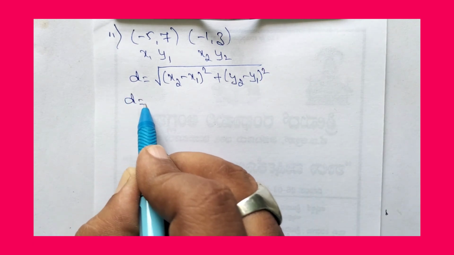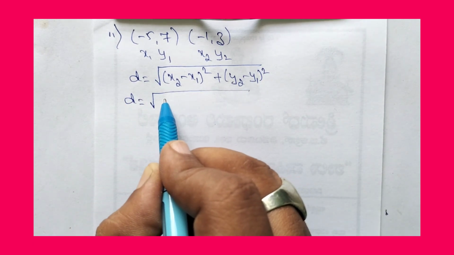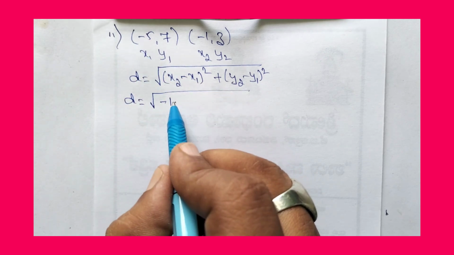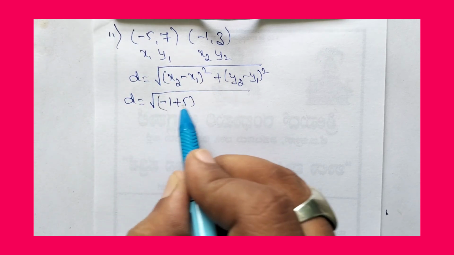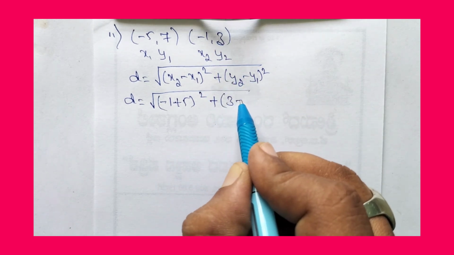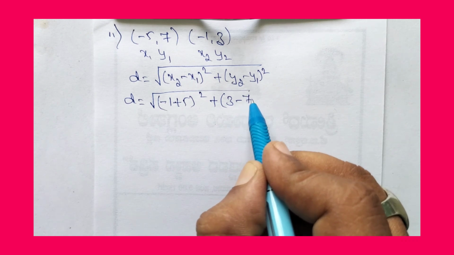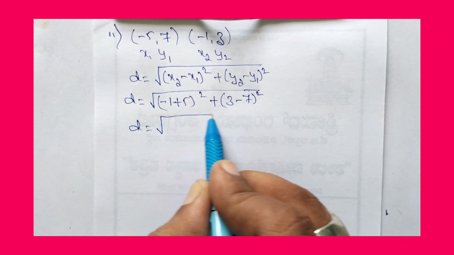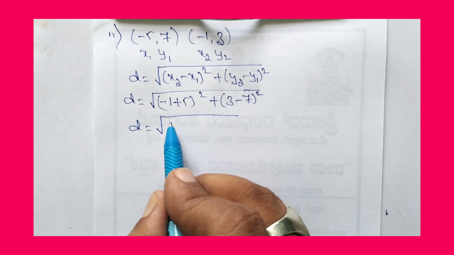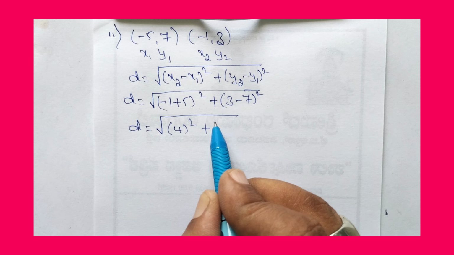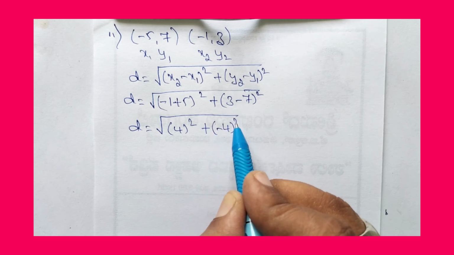So d is equal to square root of x2 minus 1, x1 minus into minus, it will become plus 5, whole square plus y2 3 minus y1 7, 3 minus 7 whole square. So d is equal to square root of minus 1 plus 5 is 4 whole square plus 3 minus 7 is minus 4 whole square.